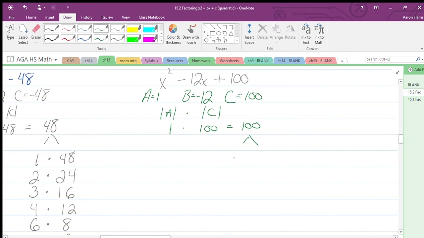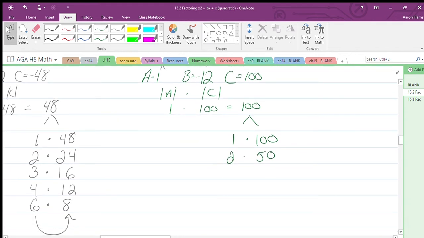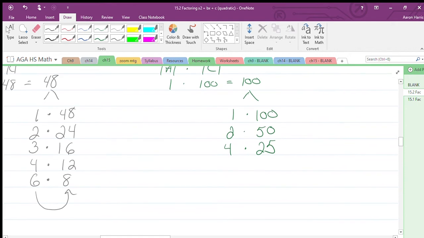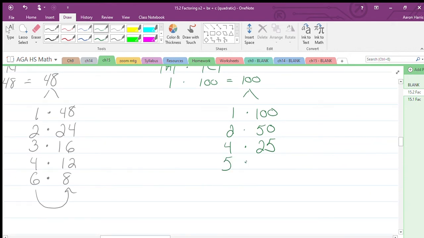That's right. Start with what? 1. 1 times what? 100. 2 times what? 50. 3 times? No. 4 times? Yes. 4 times what? 25. That's 4 quarters, okay? 5. 5 times what? 20. Does 6 go in? No. 7?